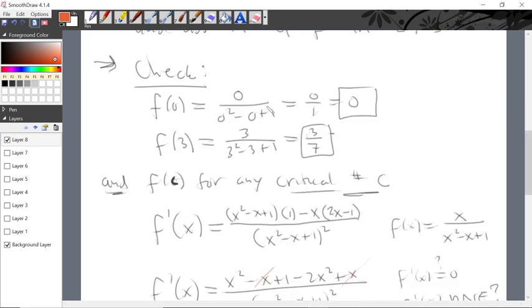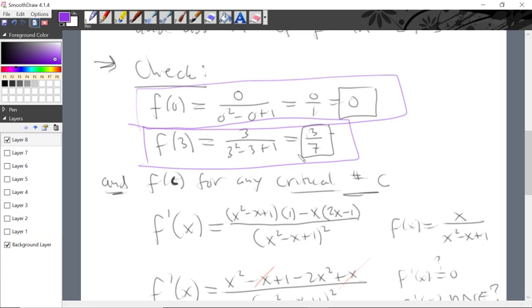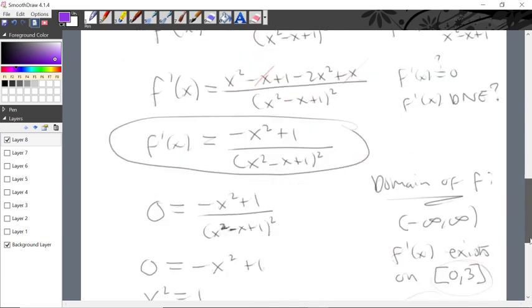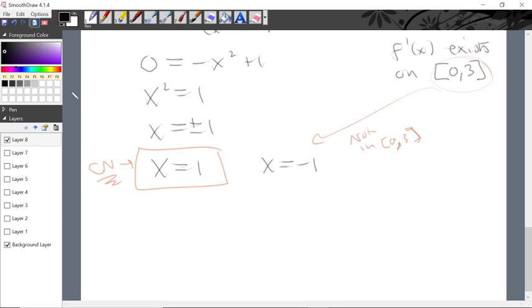We checked f of 0, and f of 0 is equal to 0. We checked f of 3, and f of 3 is equal to 3/7. Now we have to check f of the critical number, so check f of 1. f of 1 is equal to 1 over 1 squared minus 1 plus 1.